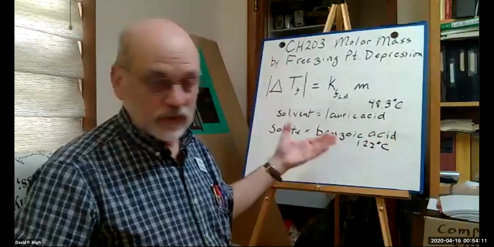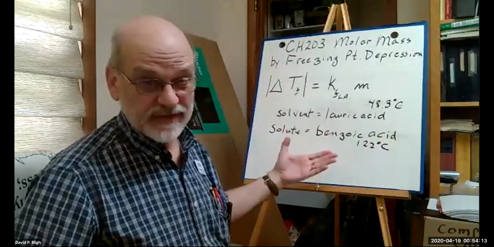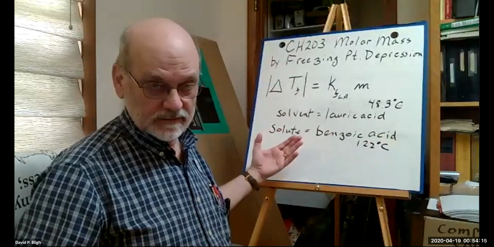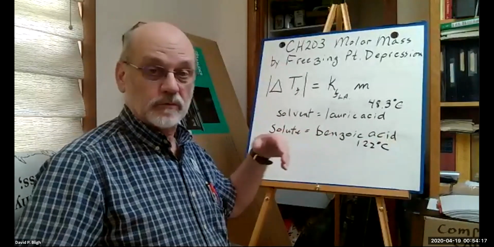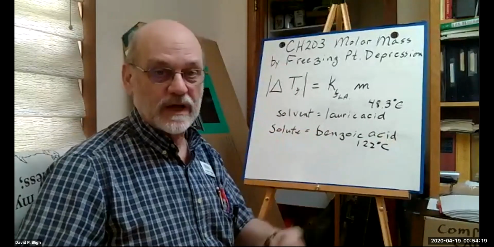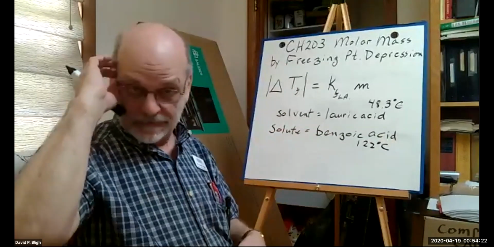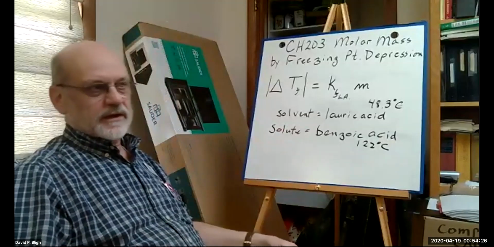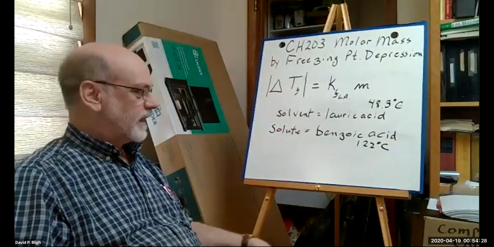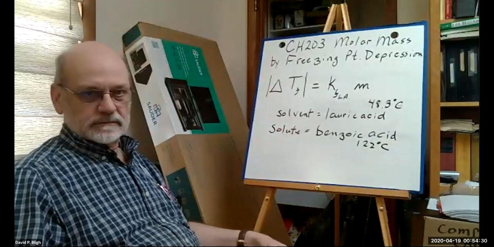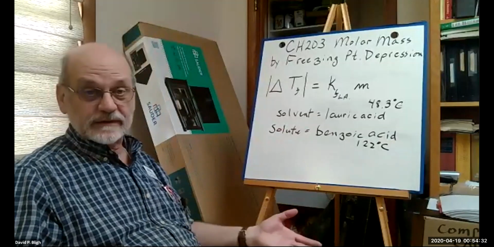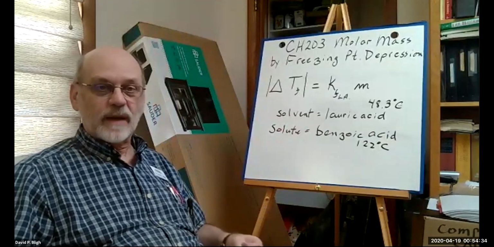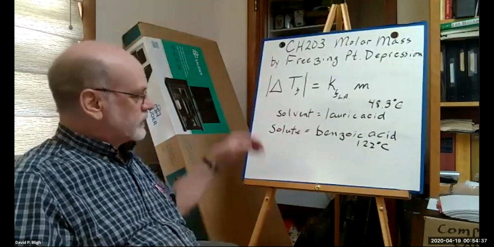So we couldn't easily use benzoic acid as our solvent, because it's difficult to develop a temperature higher than 100 degrees in the lab. You can do it. Oil baths would be good, and a sand bath would do it. But we're interested in safety, and the lower the temperature you can operate at, the better. So this is our solvent.